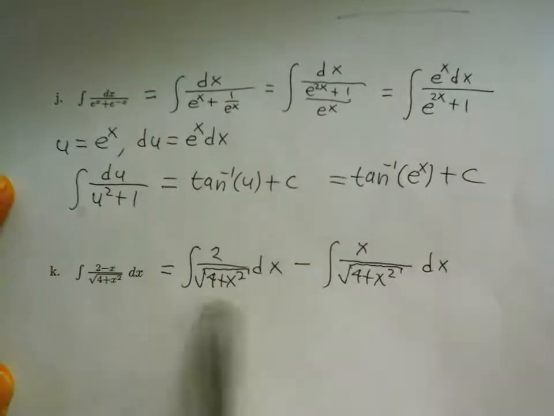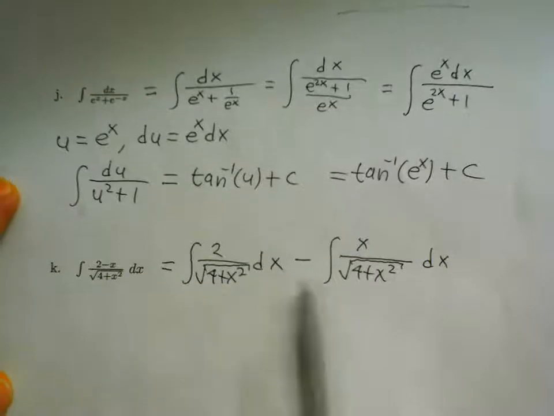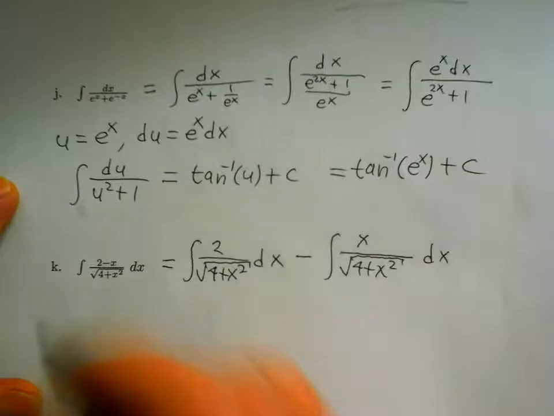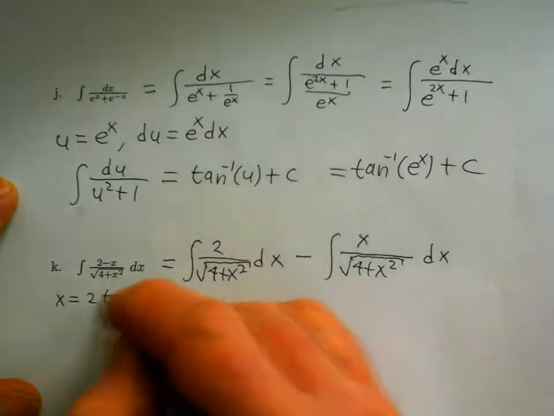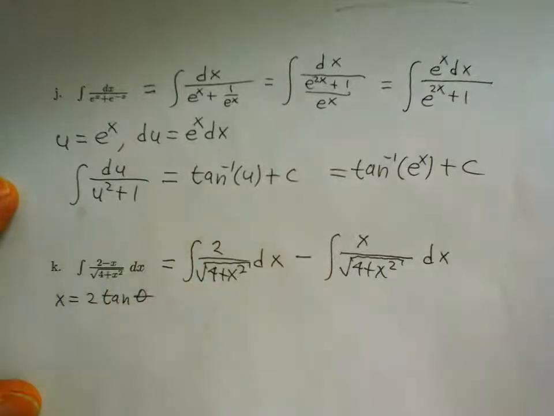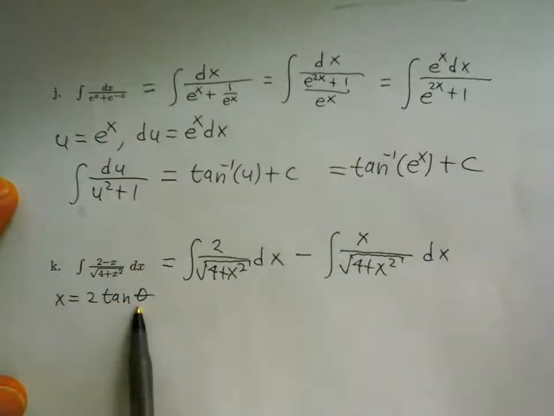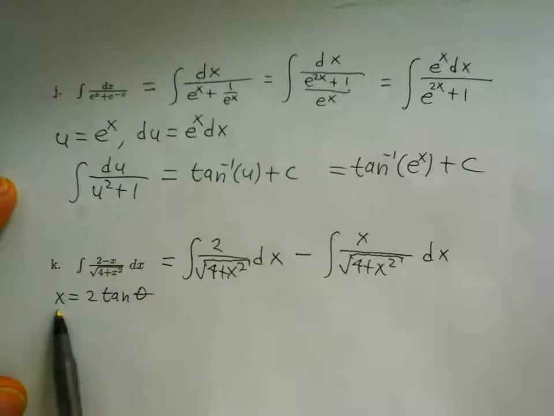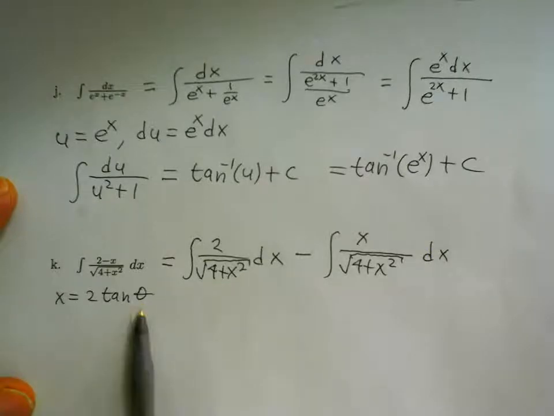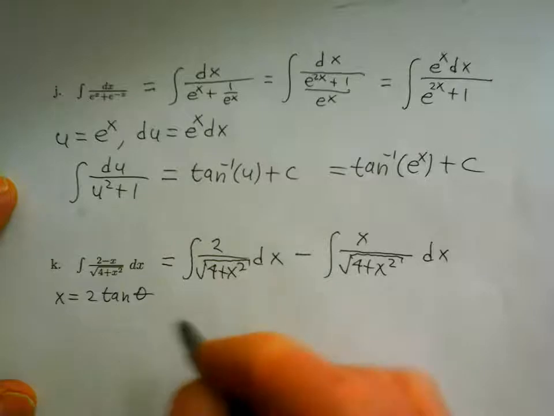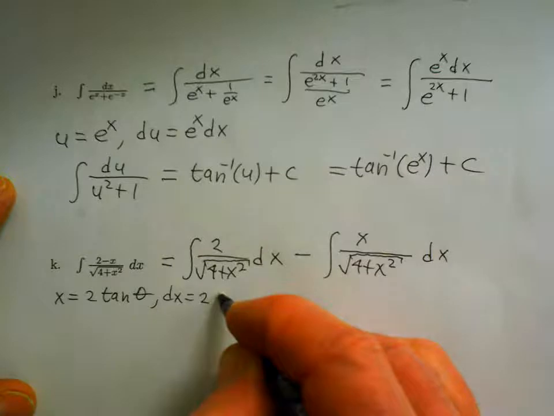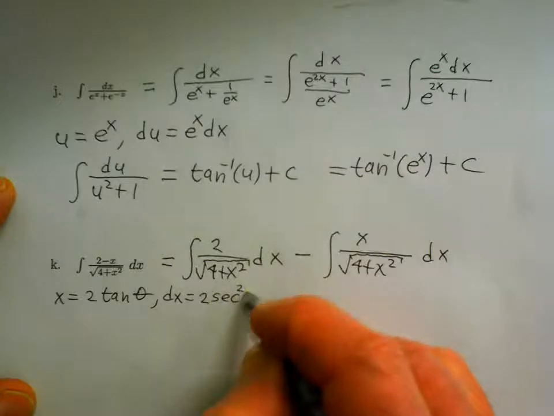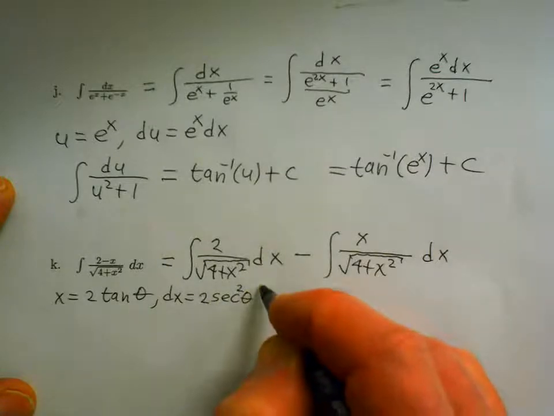Okay, so we can use a trig substitution for the left integral by assigning x to be 2 times tangent of theta, or just make sure that the variable you pick is different than x. And so dx will be 2 times secant of theta squared d theta.